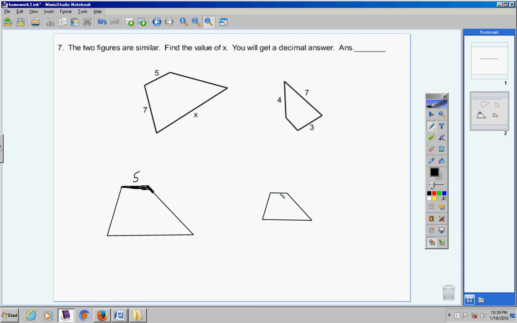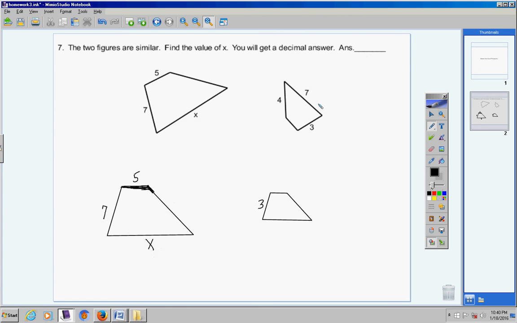So, this side here is 5, right? This side here we have nothing for. This side is 7, so we'll put a 7 here. Now, when you turn this thing, you should be able to tell if this is up here, then this side right here would be the 3. So a 3. This slanted side here has nothing. This bottom side here has an x.